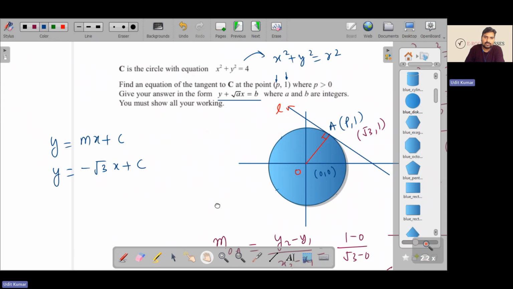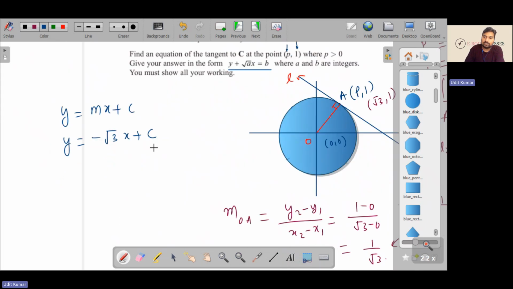So what we will do is this line should also satisfy this point A, which is root 3 comma 1, right? So you put this point in this equation, what will you get? You will get 1 equals negative root 3 times root 3 plus c. So it will be 1 equals negative 3 plus c and 4 equals c. So the value of c is 4.